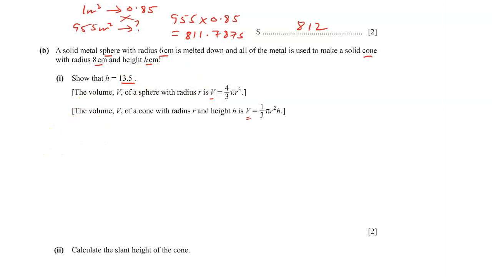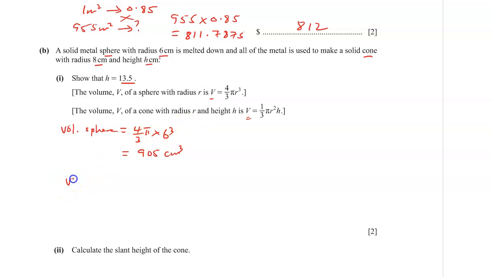So the volume of this sphere is equal to 4 upon 3 pi times the radius, 6, raised to the power 3. This will give 905 centimeters cubed, and this should be equal to the volume of the cone.